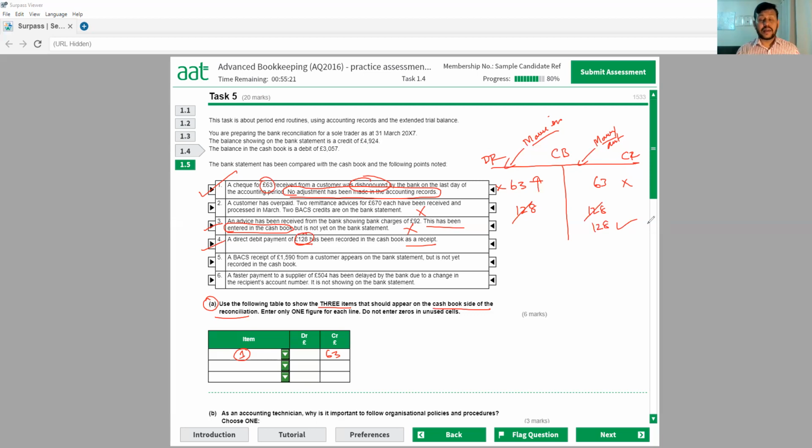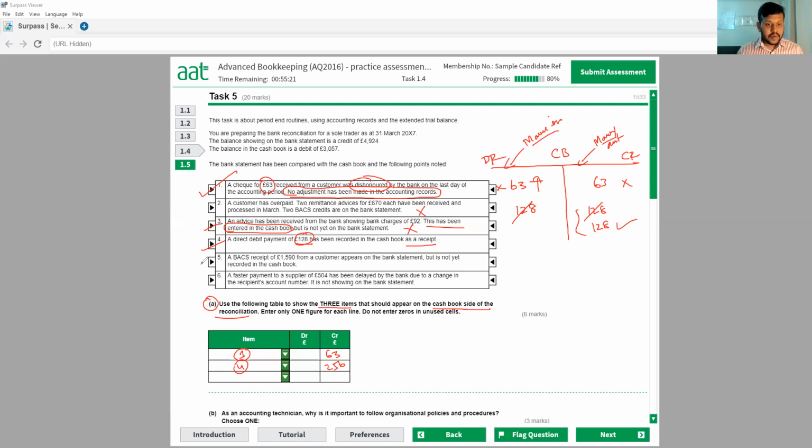So I need to give you double, because 5 will remove my old mistake, and another 5 will be the correct one. That's why I have to write double. So 128 times 2 gives you 256. You have to record 256. So number 4, 256 is a credit. Why double? Because I already made a mistake. To make the correction of the old mistake, I have to record double.